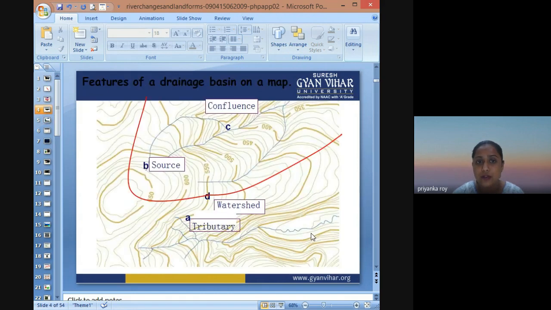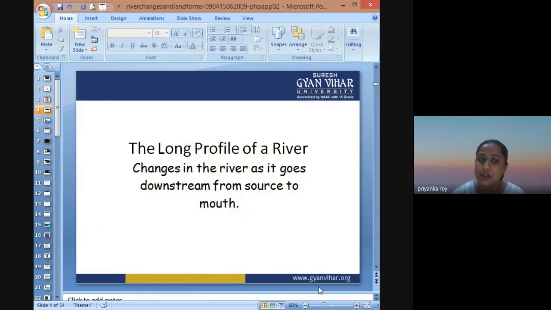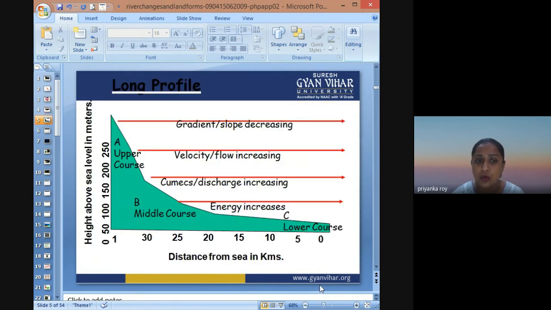Now, if you go back to this image, A shows the upper course, point B the middle course, and point C the lower course. Okay, so similarly, all river systems have these three courses: upper course, middle course, and lower course. It depends on the various gradients.